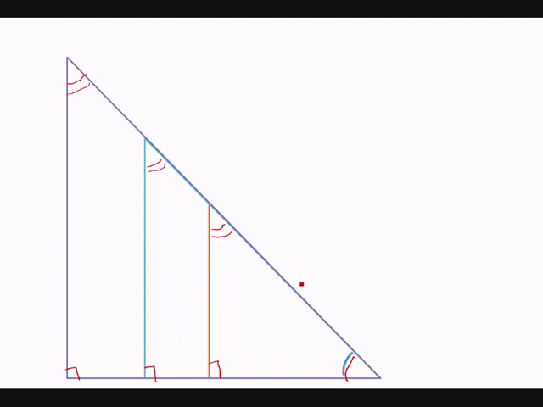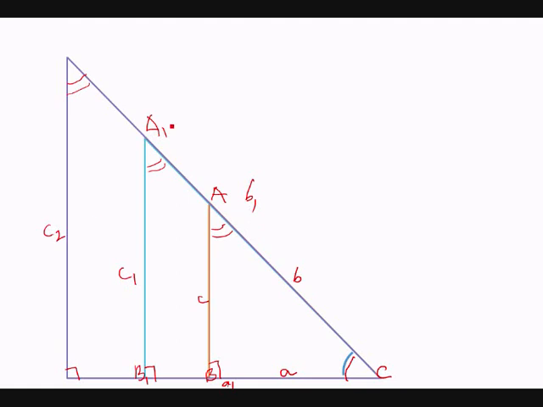Therefore, they are similar. In the previous case, we had this as A, this as B, and this was C. Therefore, we called this as small c, this as small b, and this as small a. We had 6 different ratios with this A, B and C. We can also extend the same thing with the next triangle, say for example A1, B1 and C. So if we call this as C1 and this as B1 and this as A1, then we have other 6 ratios with A1, C1 and B1.